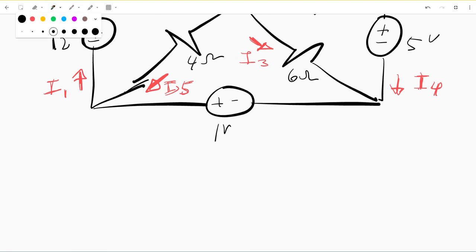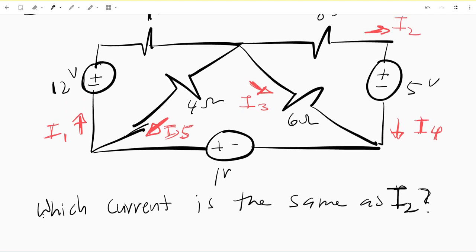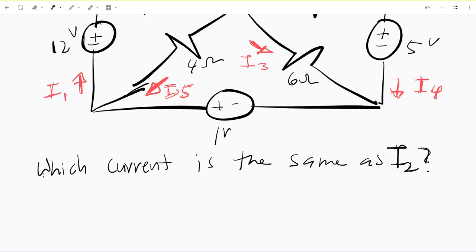If you are asked the question, which current is the same as I2, I want you to pause the video and answer that on your paper. And I'll answer it now.